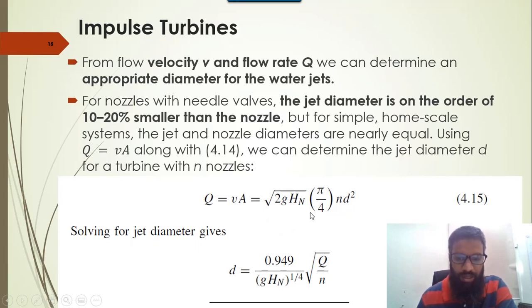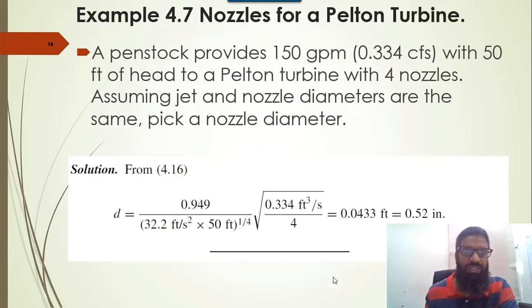If we convert this formula and calculate the value of d, then the overall formula will be d equals 0.949 times (1 divided by g Hn) raised to the power 1/4, times the square root of Q divided by n. So this is the basic formula of the impulse turbine, specifically for the diameter of the jet.